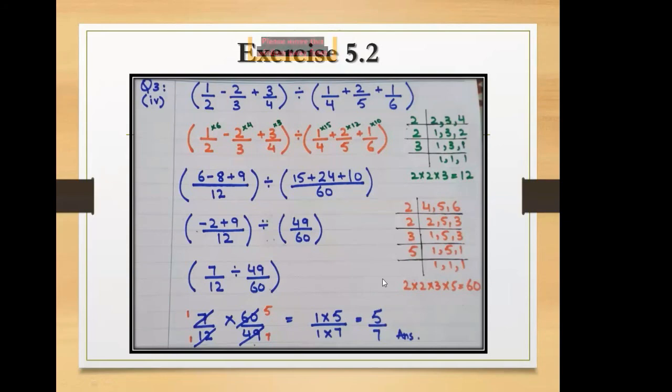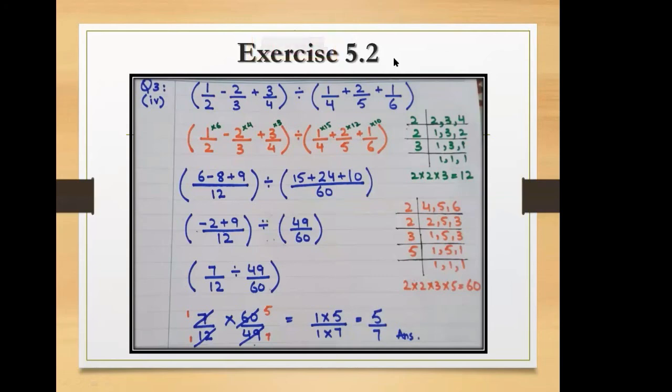So do cancellation. 7 ones are 7, 7 sevens are 49. 12 ones are 12 and 12 fives are 60. So 5 becomes 5 and 7 becomes 7. So this is our answer. Denominator is greater than numerator, so no need to do the long division method.